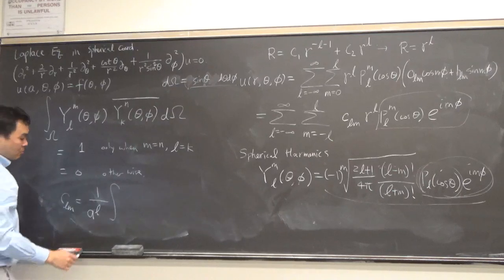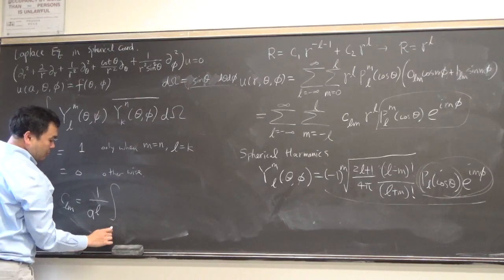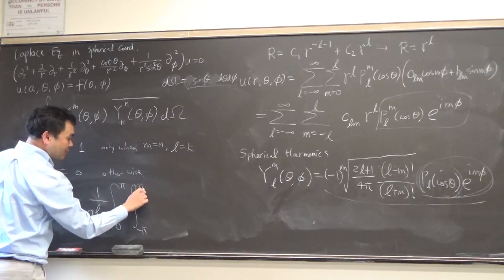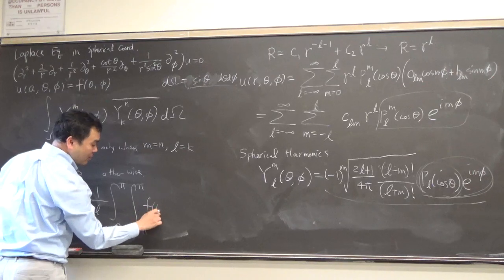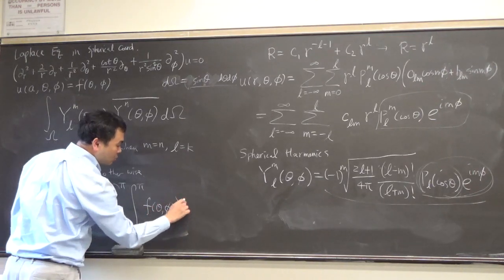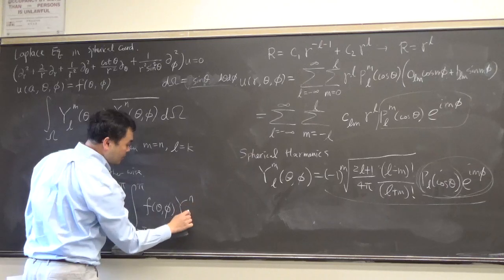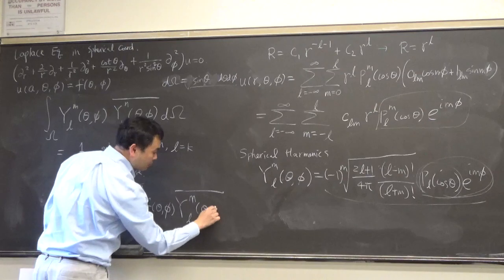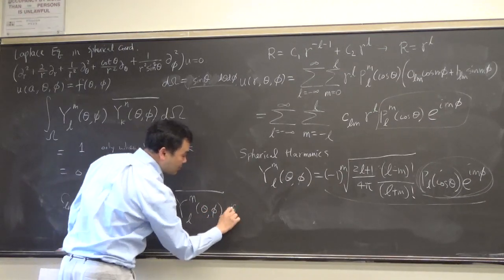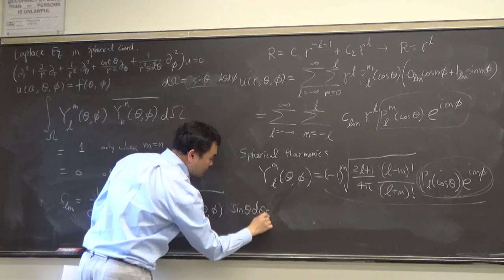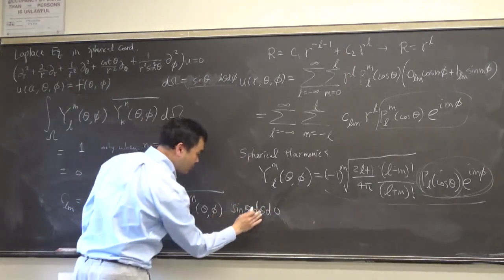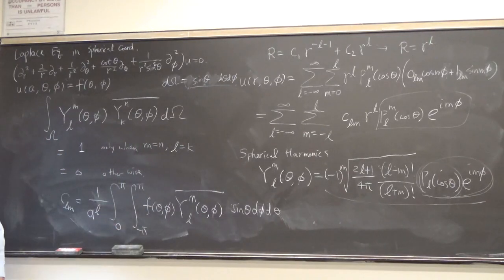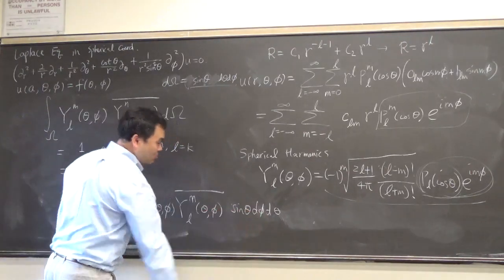And theta goes from 0 to pi, and phi goes from -pi to +pi, and you multiply f(theta, phi) with the Y_LM conjugate (theta, phi) sine theta d theta d phi. No, sine theta d phi d theta. Because theta goes from 0 to pi. If I switch these two, I can switch these two.